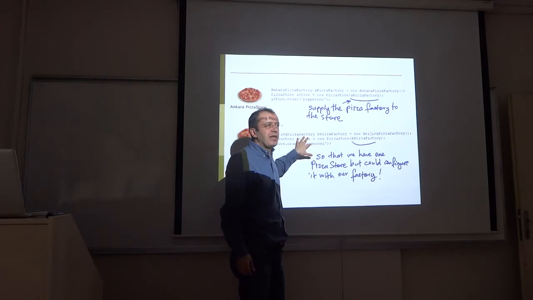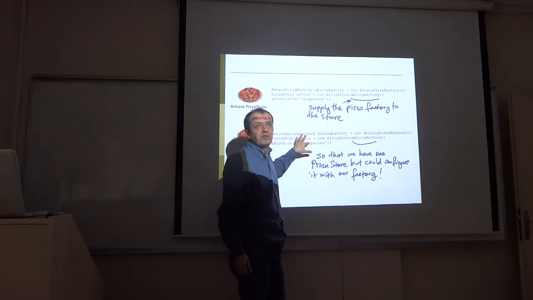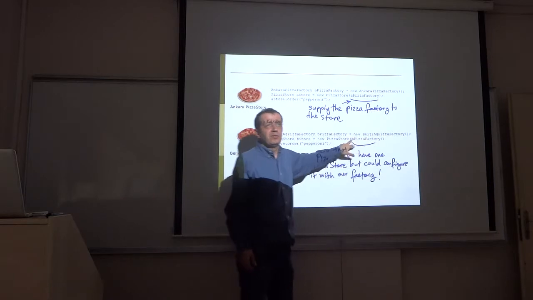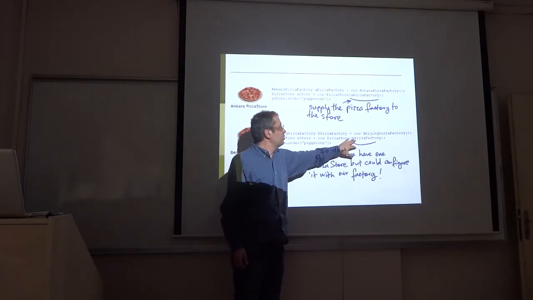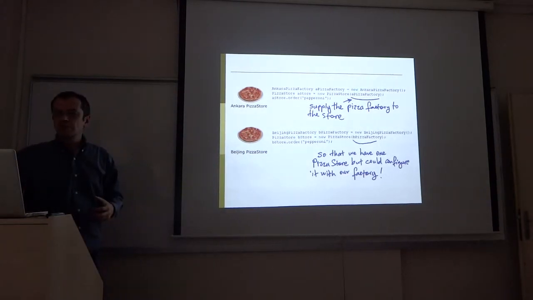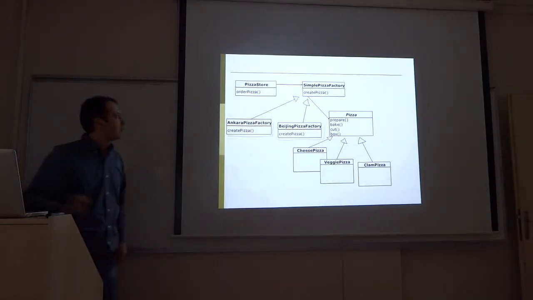It doesn't matter what it is. I can open up a Beijing type of pizza factory or a pizza store in Ankara as well. So it's only the factory type which is defining. I'm giving this factory to the pizza store during the creation, during the construction of it.